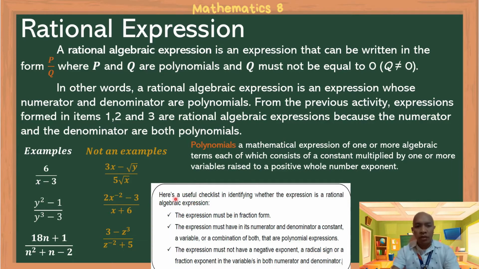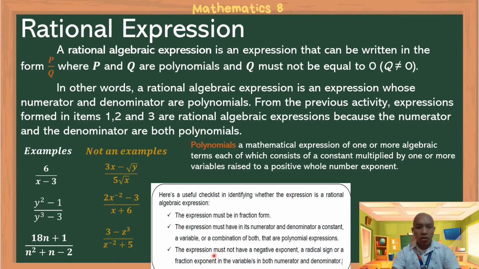So these are the tips useful in checking whether the expression given is a rational algebraic expression. First, you have to check that the expression must be in a fraction form. There must be a numerator and denominator. Secondly, the expression must have in its numerator and denominator a constant, or a variable, or a combination of both constant and variable that are polynomial expressions.